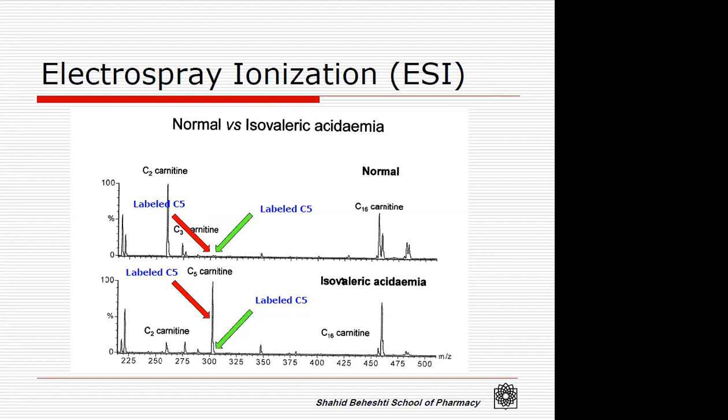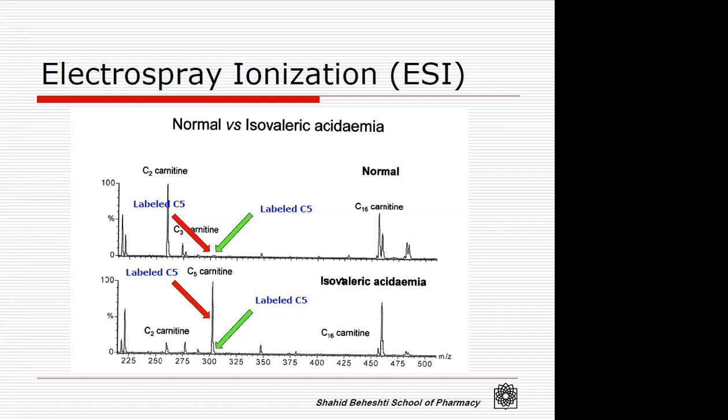But in the bottom one, we have a case in which C5 carnitine, which is the natural, again, the label is wrong by mistake. The red arrow is showing the natural C5 carnitine in the blood spot, and the green arrow in the bottom is showing the labeled C5.